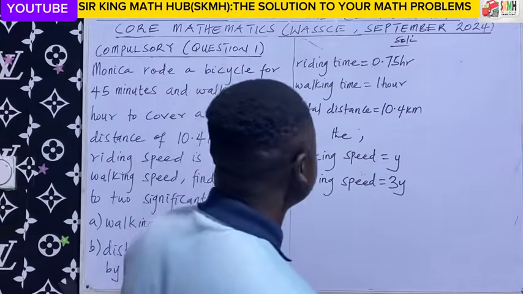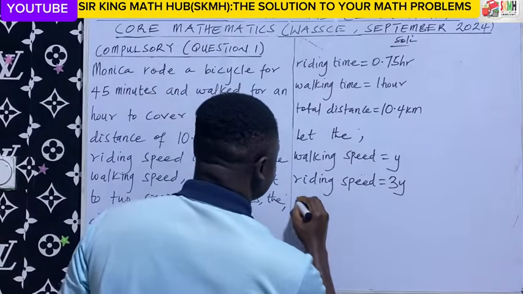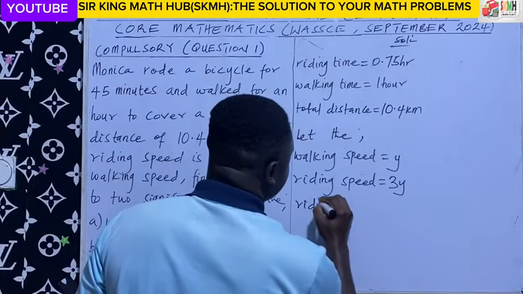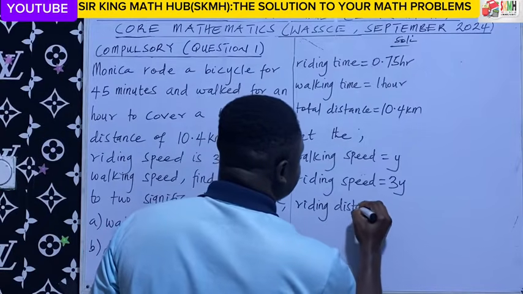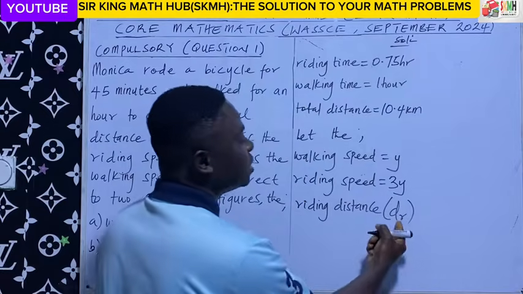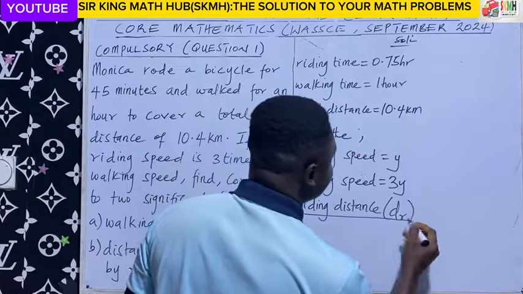So now let's calculate Monica's riding distance. D subscript R represents her riding distance.